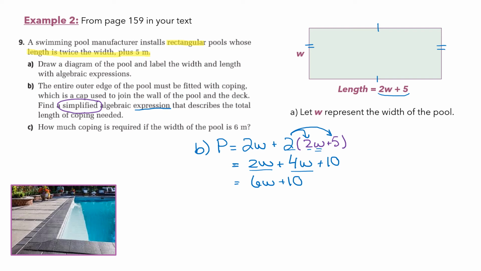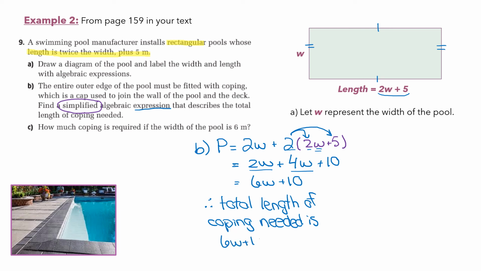So that's an expression for the total length of coping. And because it's a word problem, I'm just going to make a sentence here. Therefore, total length of coping needed is, I have units on this one, 6W plus 10 what, right?